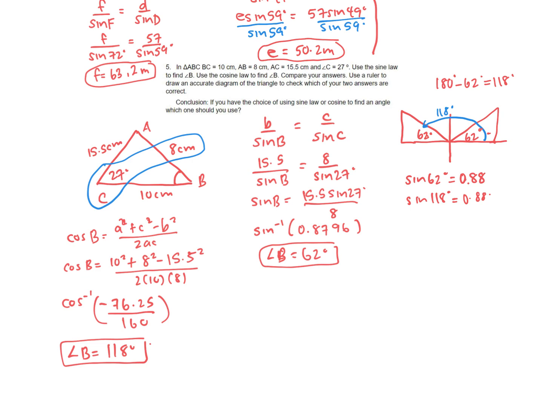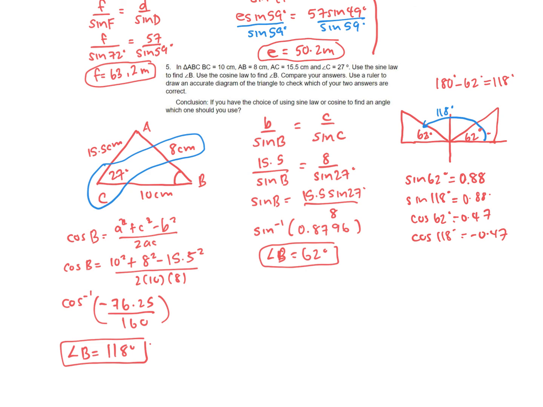And sine is positive in both quadrant 1 and 2. If I did cosine 62, let's type that in, I get 0.47 rounded. If I did cosine of 118, I get negative 0.47.